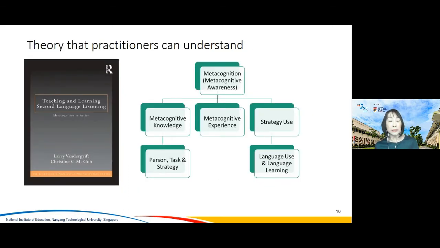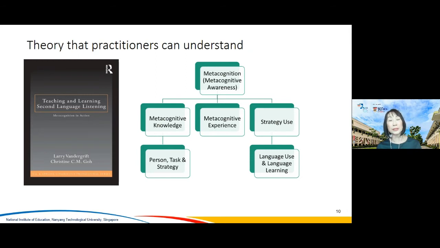I also work in the field of metacognition, and some of the things that I wanted to do was to ensure that theory that I work with can be easily understood by practitioners. So I distilled the readings and also went through the contestations of constructs.